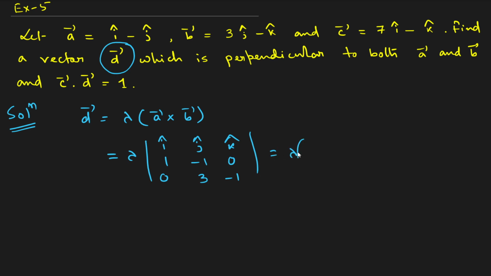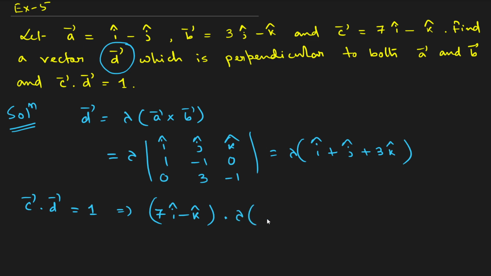So lambda into, if we expand this, what will we get? i cap plus j cap plus 3 k cap. This will come. Now what is given? c bar dot d bar is equal to 1. c bar is given: 7 i cap minus k cap dot d bar, which is lambda into i cap plus j cap plus 3 k cap, is equal to 1.